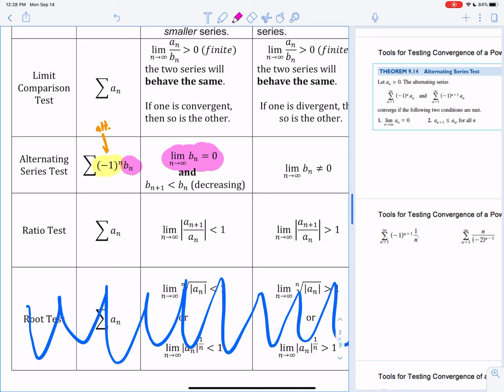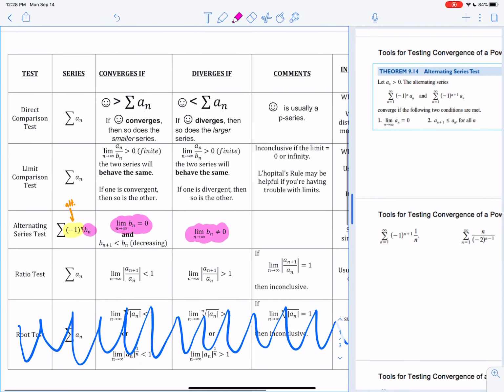Two things can happen here. It either comes out to 0, which is what you want, or it doesn't. It takes a little bit of practice to memorize this. But it will converge if the limit comes out to 0. If it doesn't come out to 0, it will diverge.